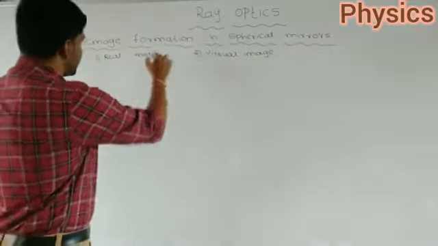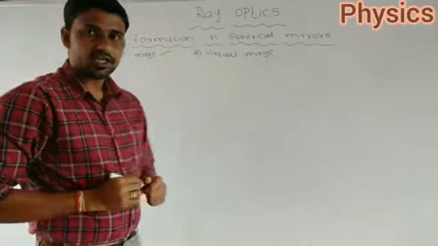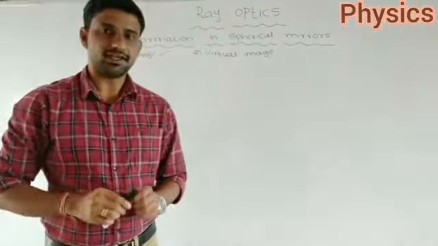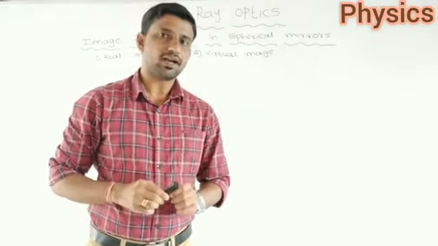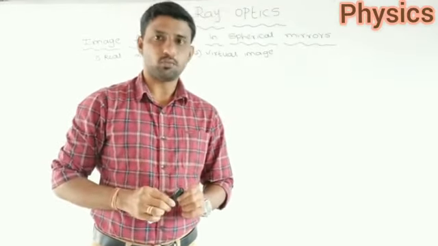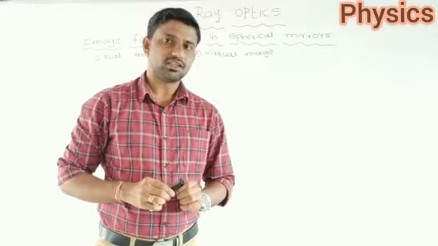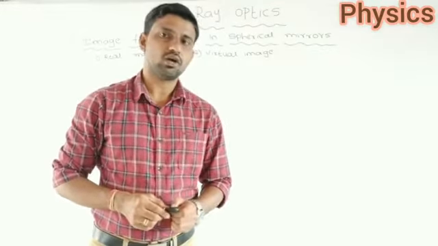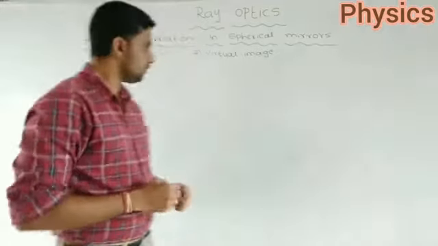Then what do you mean by real image? A real image is one where, if a ray of light originating from one point is incident, after reflection the rays meet at another point. That type of image is called a real image.